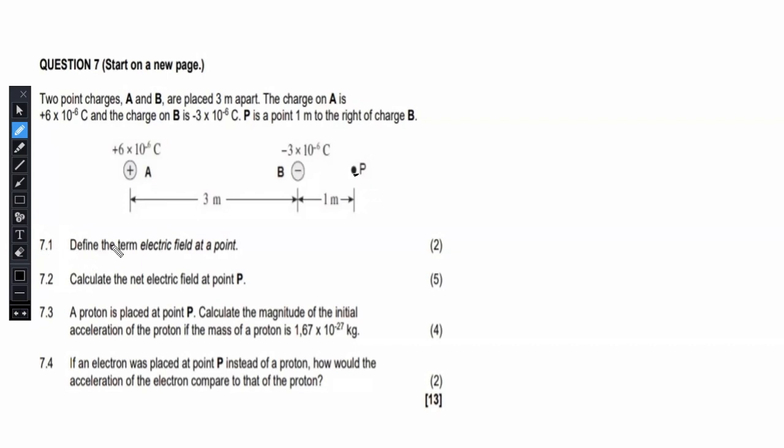Then 7.1 says define the term electric field at a point, right? So for 7.1, easy peasy, 2 marks there.